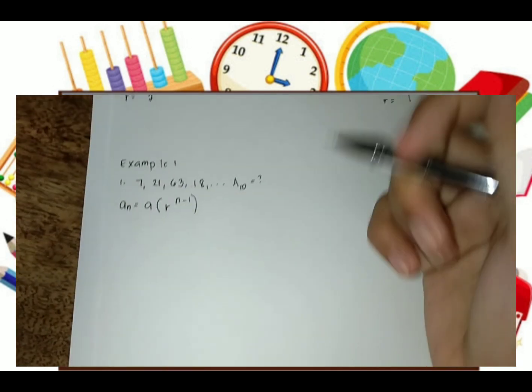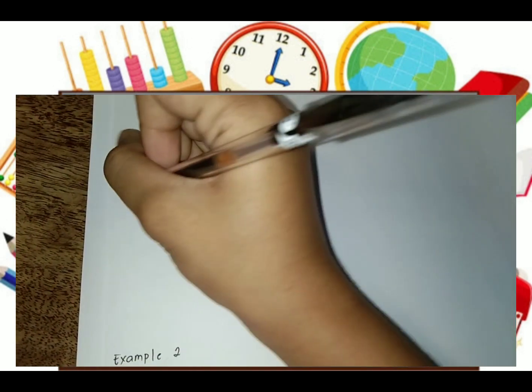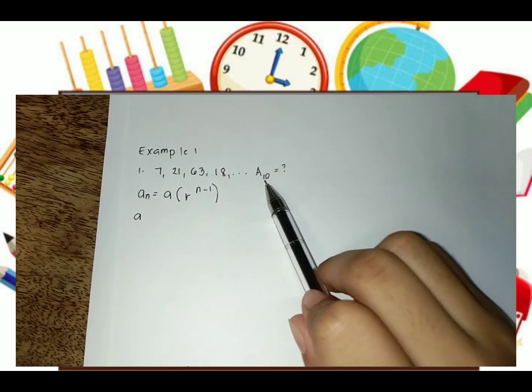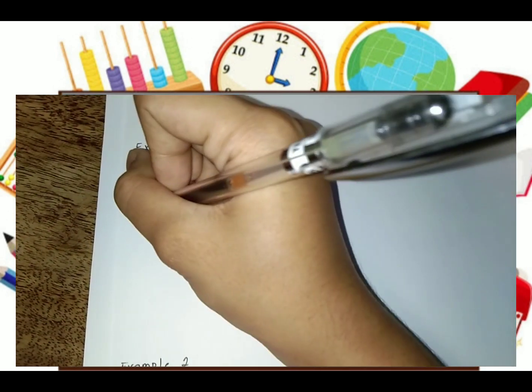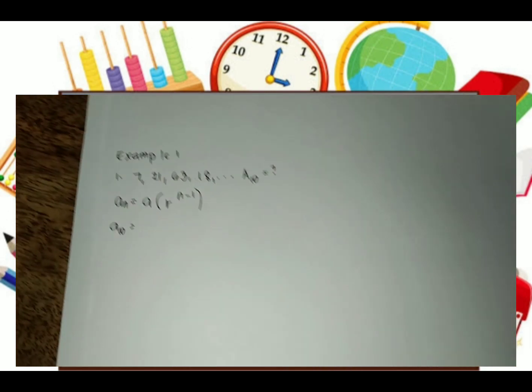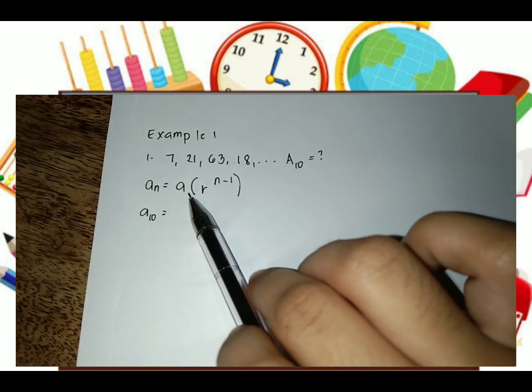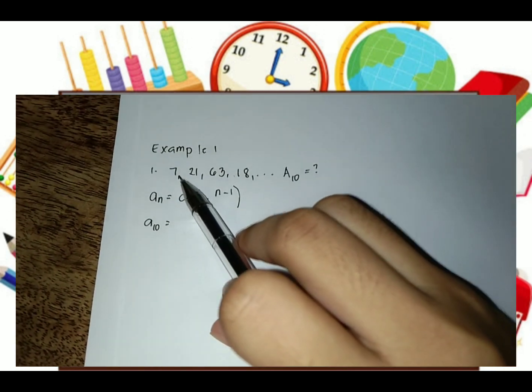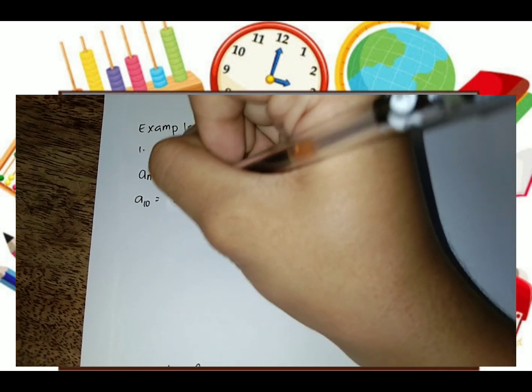The n, we are going to change it into 10. Then we will simplify it. Our a sub 1 is our first term, which is 7.